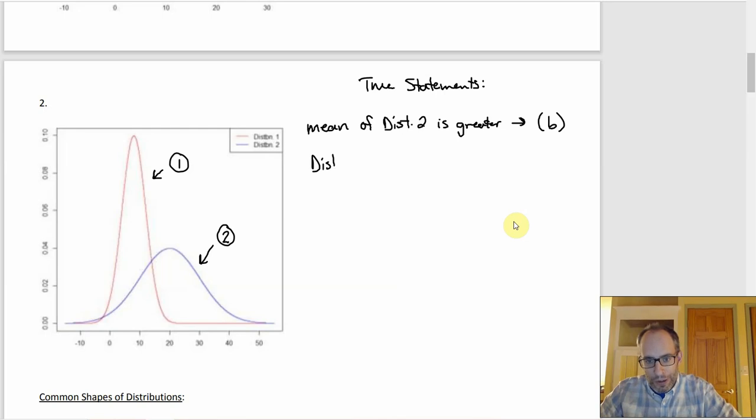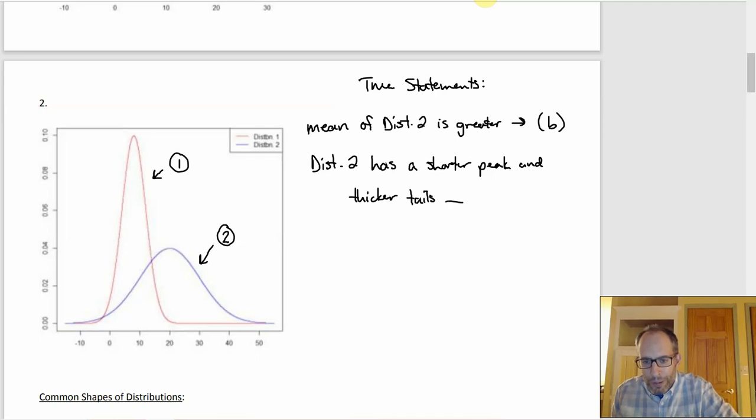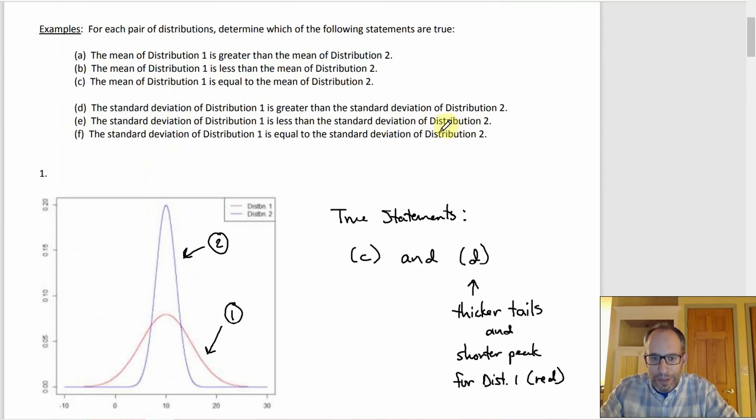So distribution 2 has a shorter peak and thicker tails, and I believe that would be E. And if I scroll back up, yeah, standard deviation of distribution 1 is less than that of 2.